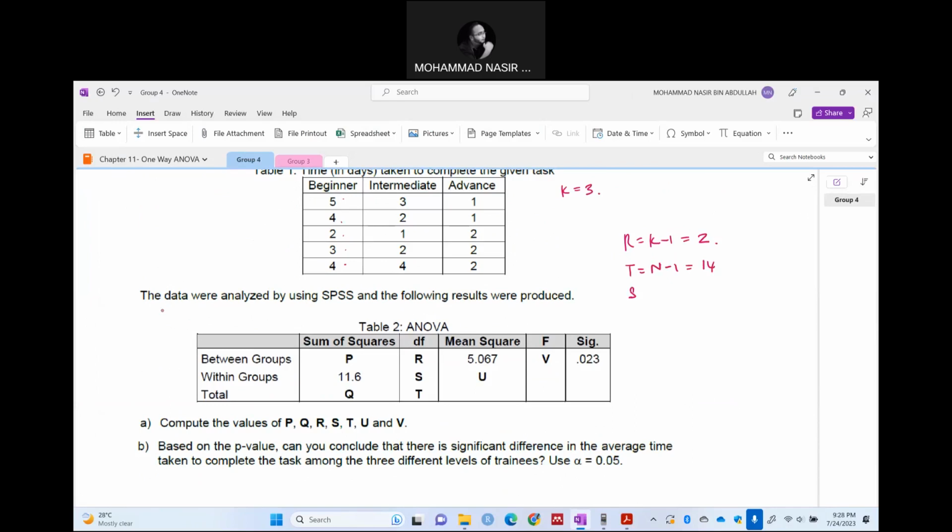And S equal to N minus K equal to 15 minus 3, which should be equal to 12. Right. So this is the value for R, S, and T. So we want to find the value of Q and P. So how to find value Q and P?